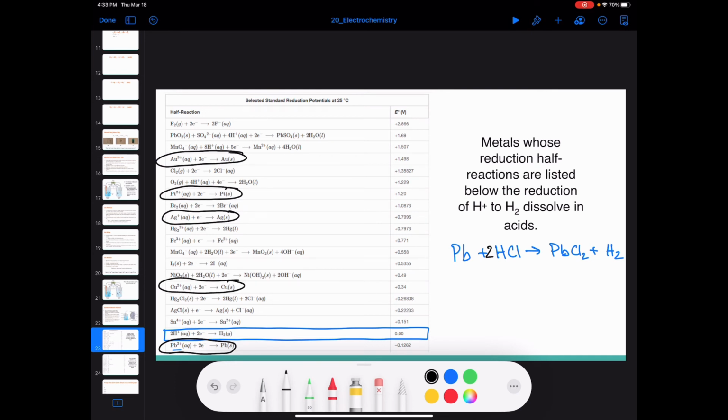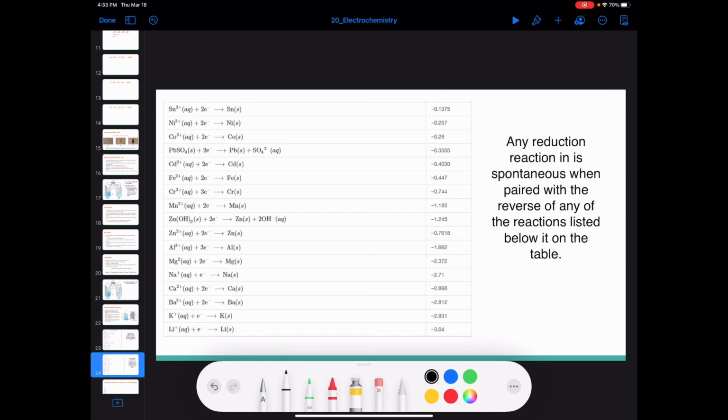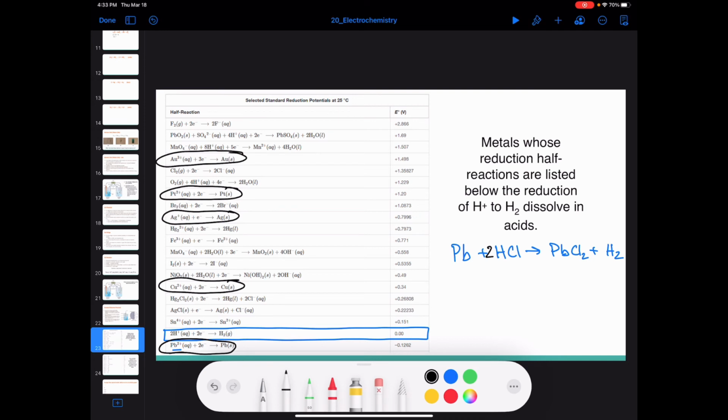Those are commonly used as coins, and that's why we've used those for thousands of years as coins: they don't react. A lot of other things like lead, or if we tried to make coins out of manganese, sodium, or even aluminum, they would react with acid and end up dissolving, whereas gold, platinum, silver, and copper won't.